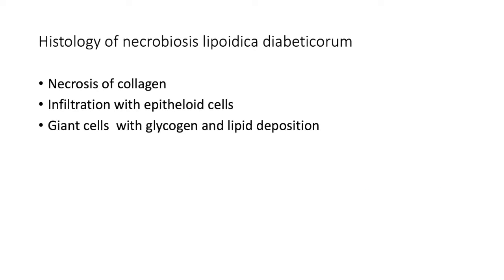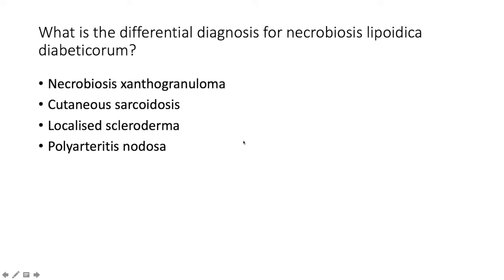If you have to biopsy this lesion, what does it show under the microscope, histologically speaking? Well, there's necrosis of collagen, infiltration with epithelioid cells, and giant cells with glycogen and lipid deposits. What's the differential diagnosis for necrobiosis? Necrobiotic xanthogranuloma.